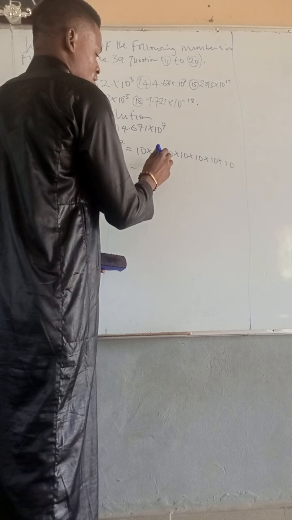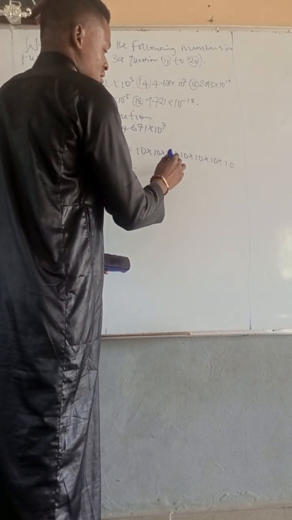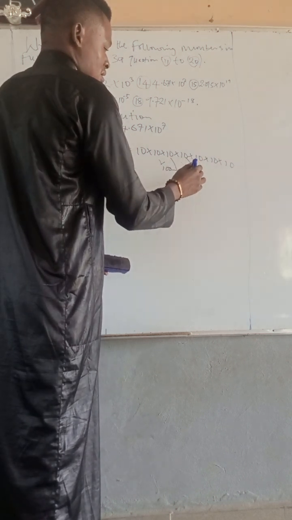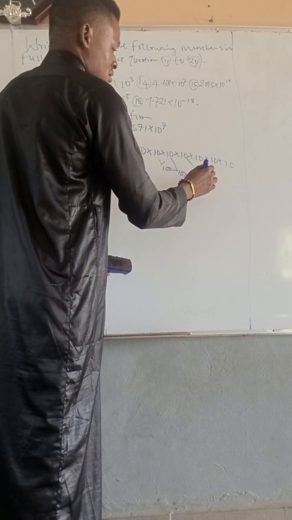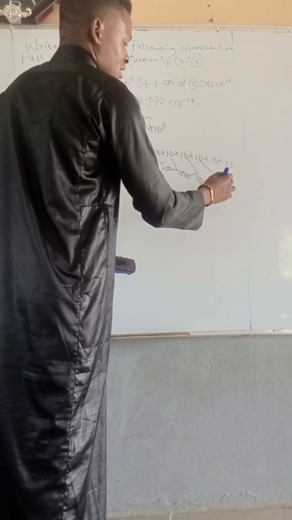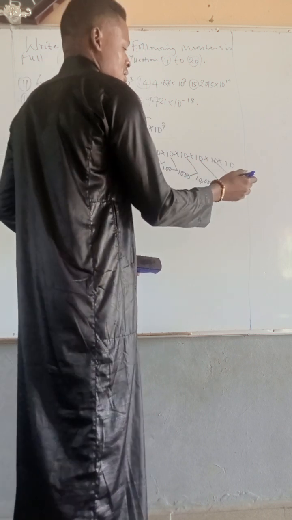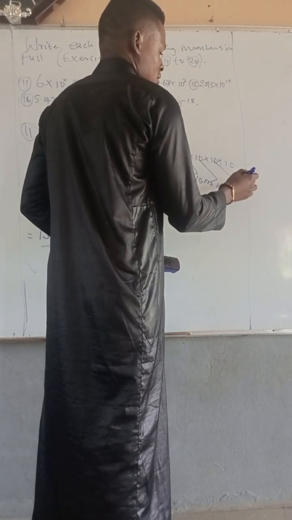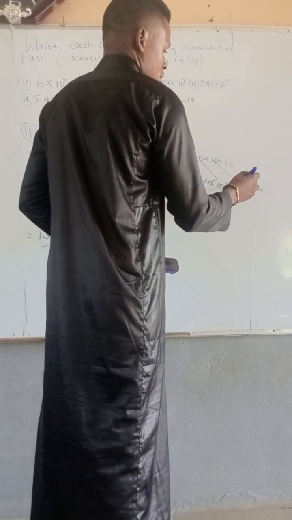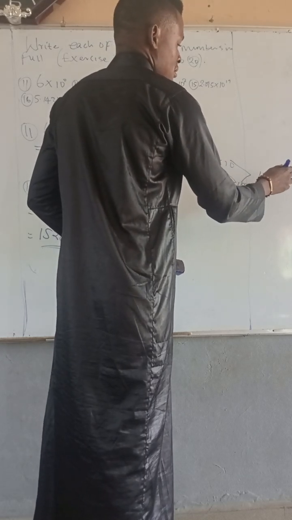This times this is 100, this times this 1000, this times this 10,000, this times this 100,000, this times this 1,000,000, this times this 10,000,000.